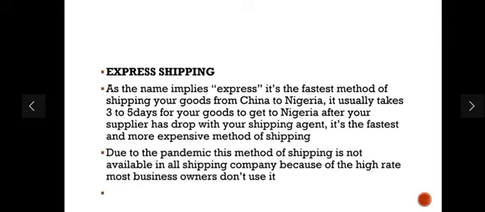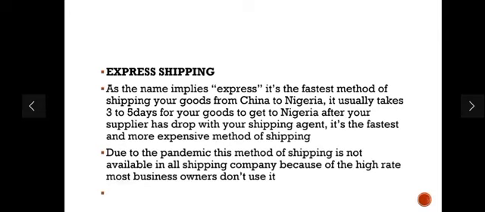So what it literally means is that after you make a purchase in a particular shop, maybe you are using a buying agent or you're shipping directly, but I prefer using a buying agent so that the agent can inspect the goods for you and check it.